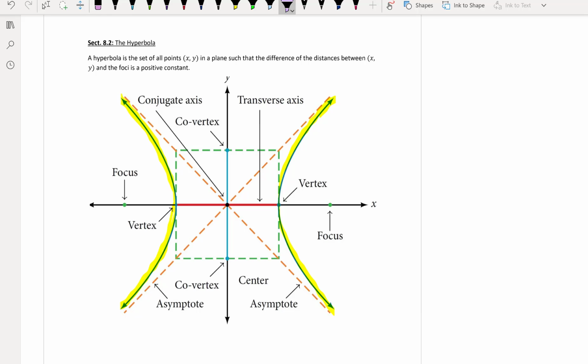It tells you where our co-vertex is going to be, it shows you where the transverse axis is going to be, and it also gives us our asymptotes. So just know that we need that box and the x going through it in order to graph the hyperbola. The hyperbola is in yellow, okay?